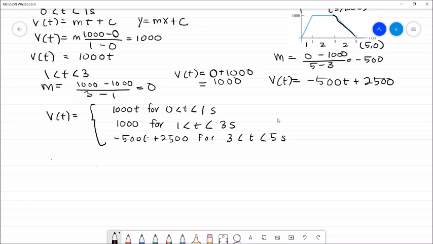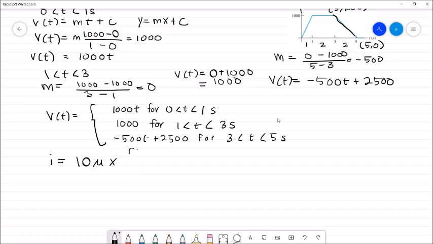So the current will be equal to the capacitor, 10 microfarad, times dV over dt.